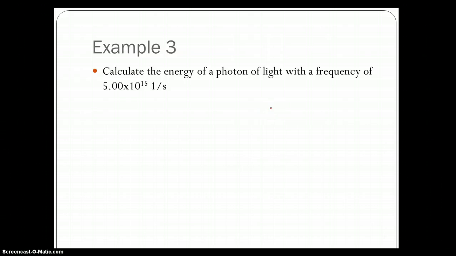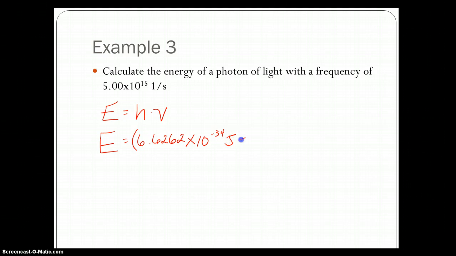Okay, so here's how our example works. Calculate the energy of a photon of light with a frequency of 5.00 times 10 to the 15th inverse seconds. So our formula is energy equals Planck's constant times frequency. This time we're calculating energy, so we don't need to rearrange. We're going to multiply Planck's constant times the frequency that's given.